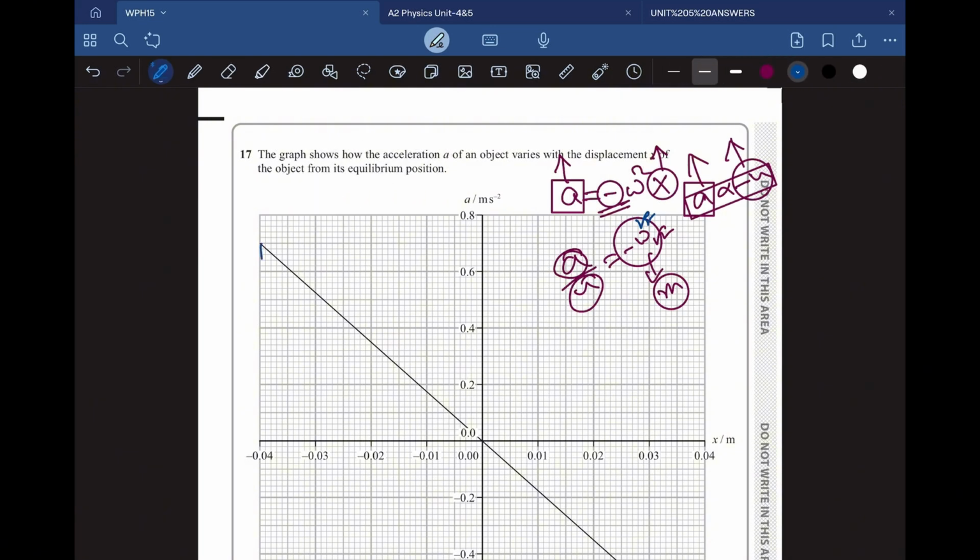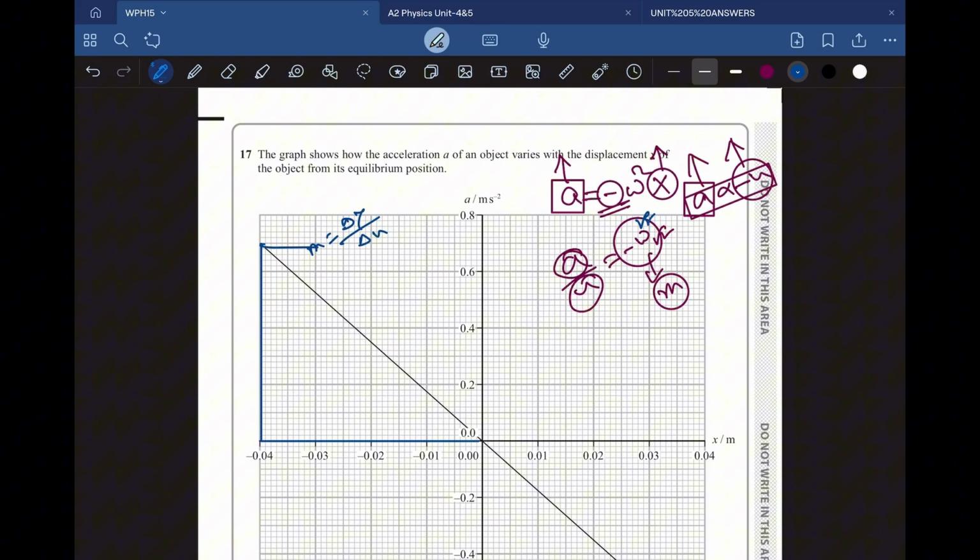If we take this particular graph like this and we figure out the gradient, we know gradient is always equal to del y divided by del x, right? Now we'll have to figure out the change in the y-axis.